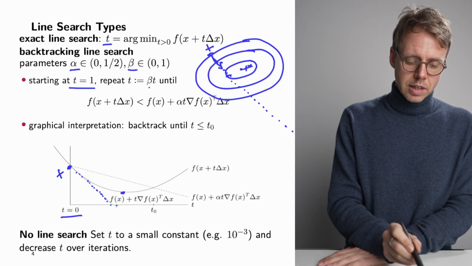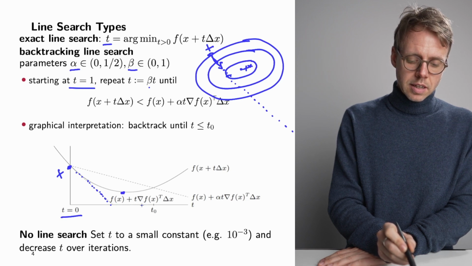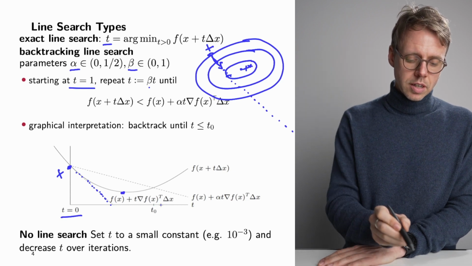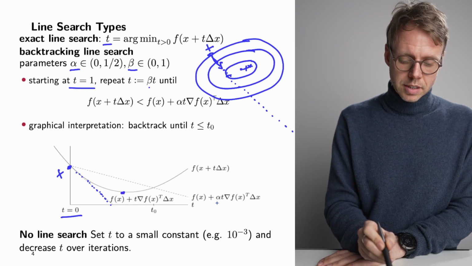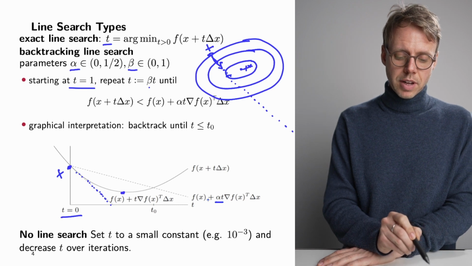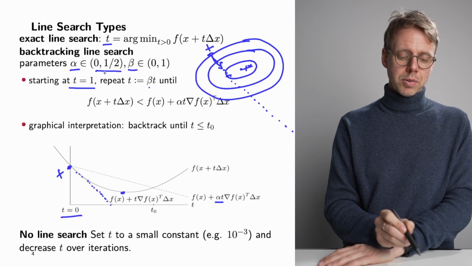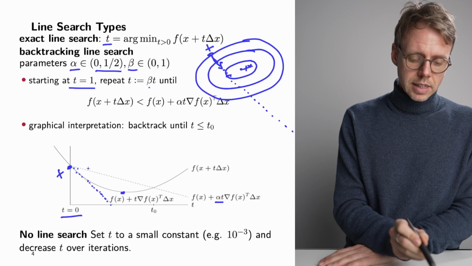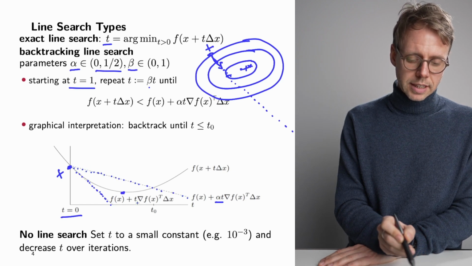And this linear function would be f of x plus gradient f of x times the descent direction times t. If you discount this by alpha, where alpha would be a number between 0 and 1/2, you're basically saying, well, you still get a linear function, but it doesn't have the same derivative at our current point x.